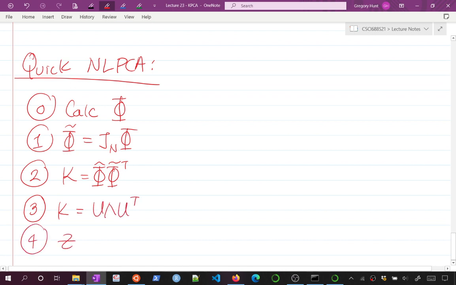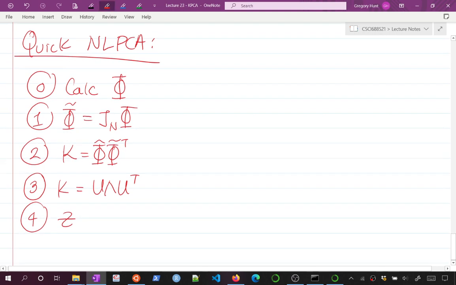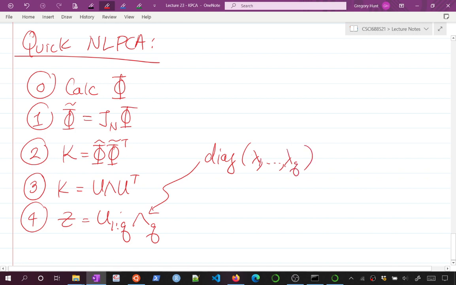Then I can get my principal components, my Z's, as the first Q columns of U times the truncated diagonal matrix, let's call it lambda Q, to be really precise, the diagonals of the first Q lambdas, and then I take it to the 1/2 power. So I'm going to throw in the square roots there. But this is my quick PCA.